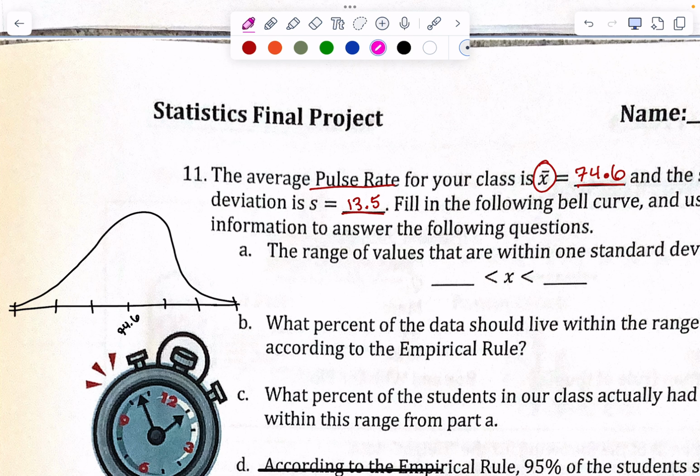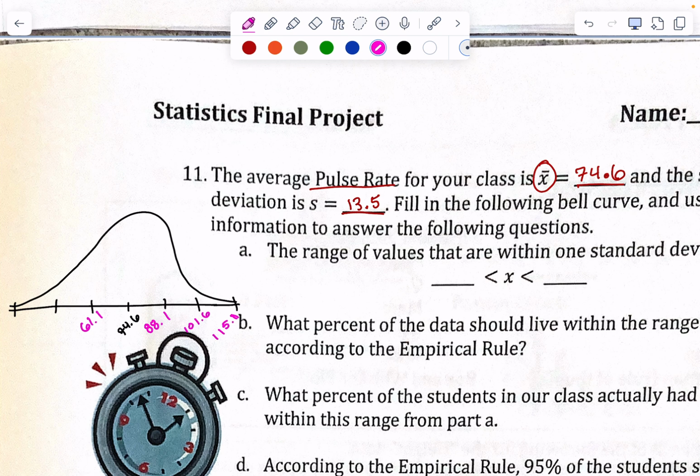If you add, that is 0.1. Carry the 1. That is 88.1, I think. If you add it again, it is 101.6. If you add it again, it is 115.1, I think. And I can't subtract. Oh, yeah, I can. 61.1.